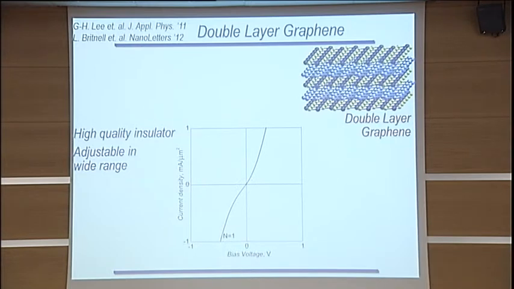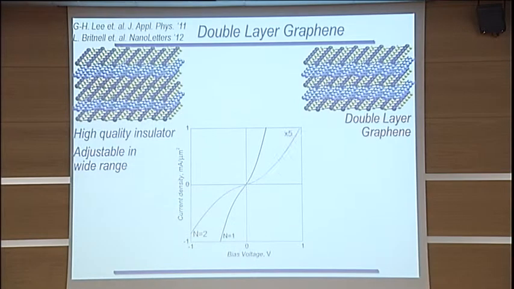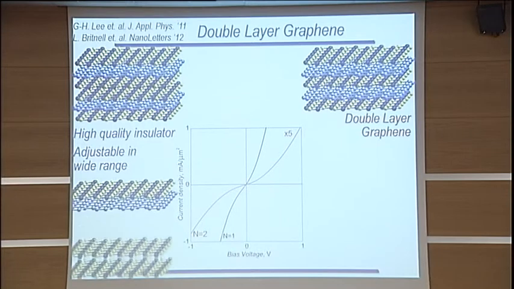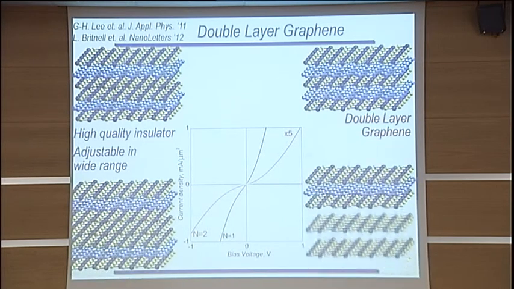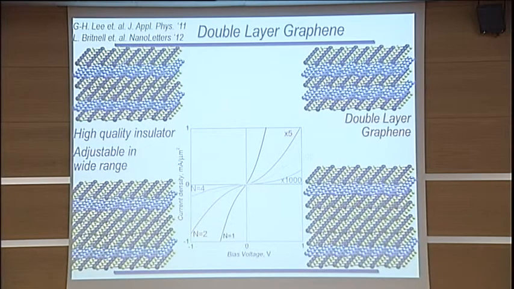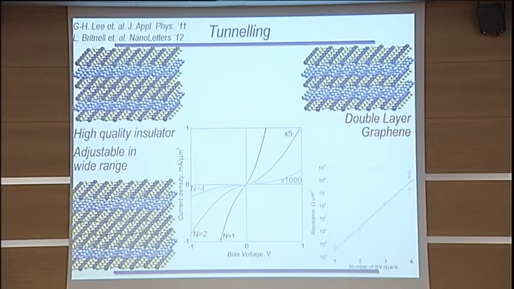However, of course, you have full control over it, and we can put, say, 2 layers of boron nitride, and we get into tens of kilo ohms of resistance, or 3 layers, or 4 layers if you want, and then you get into the proper tunneling regime with about 1 gigaohm of resistance, and it scales quite nicely, exponentially, with the thickness of the boron nitride. So we feel that we understand this tunneling quite well.